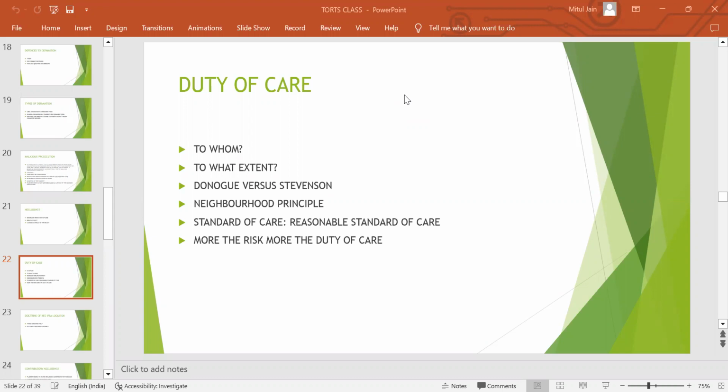So the ultimate user can also be affected by the product. And that is the reason why the friend to whom it was gifted can also claim compensation. Am I clear?